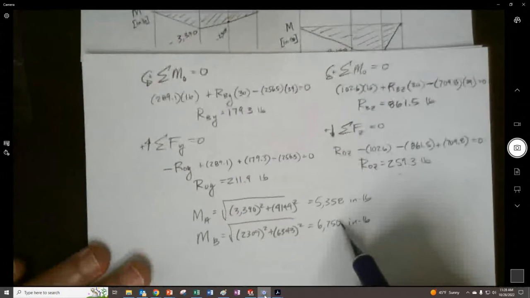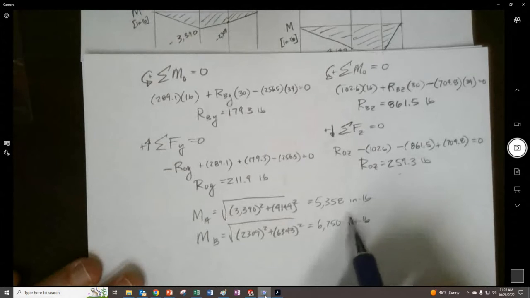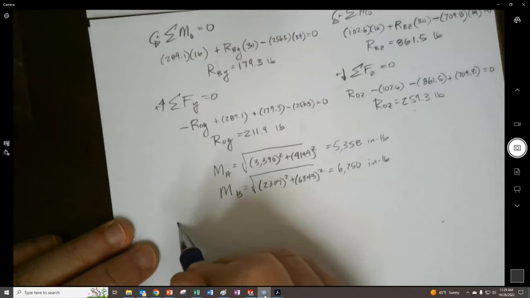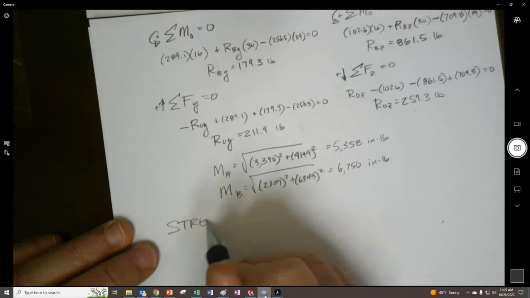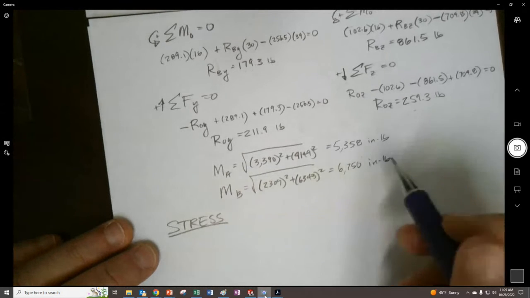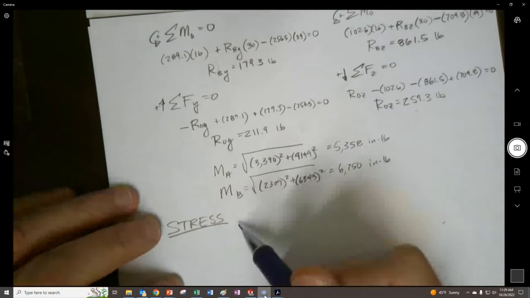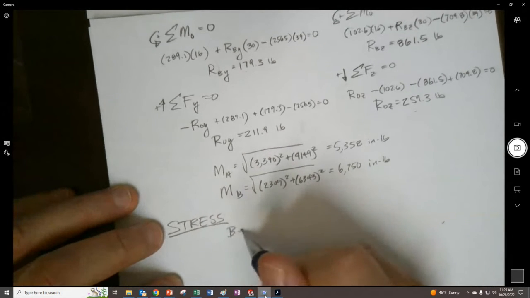But anyway, all right, so we're finally done with all of our loads portion of it, and boy, did it take a long time. But we can now go to the stress portion and find what the stresses are. So we're going to start with the bending.